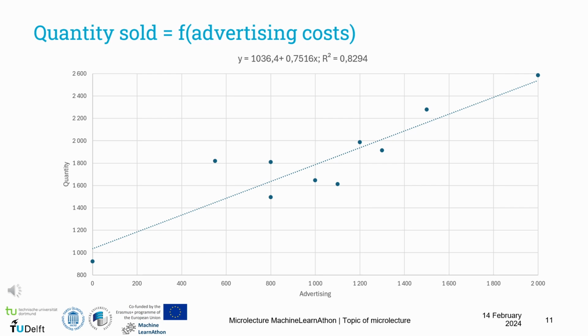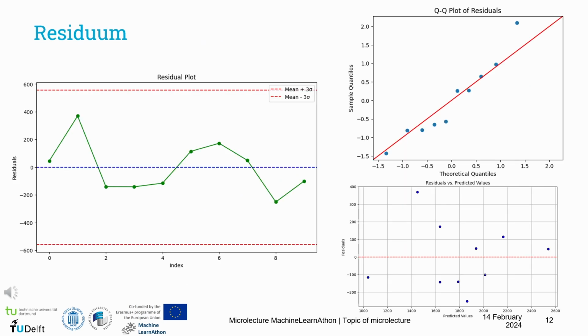The R-squared value of 0.83 indicates that the model explains about 83% of variability in sales, suggesting a strong linear fit.